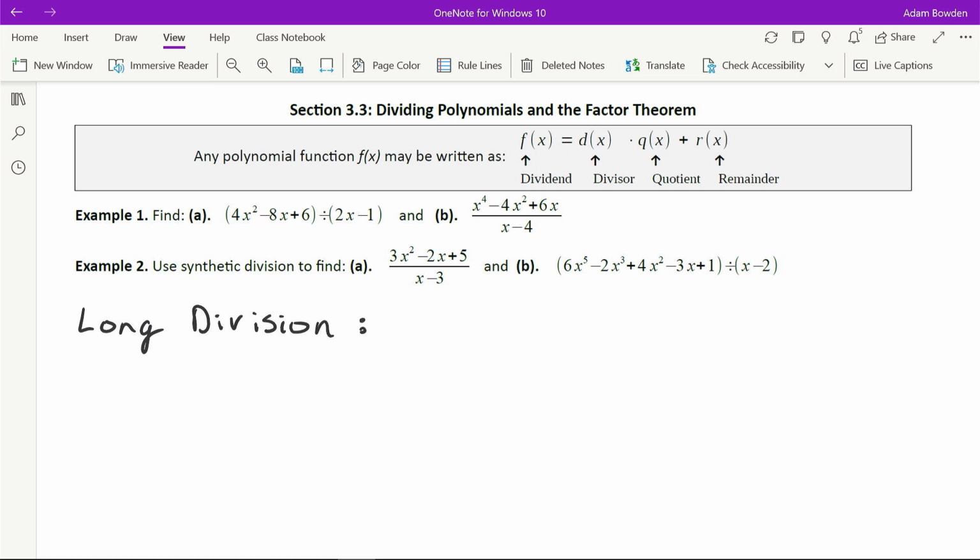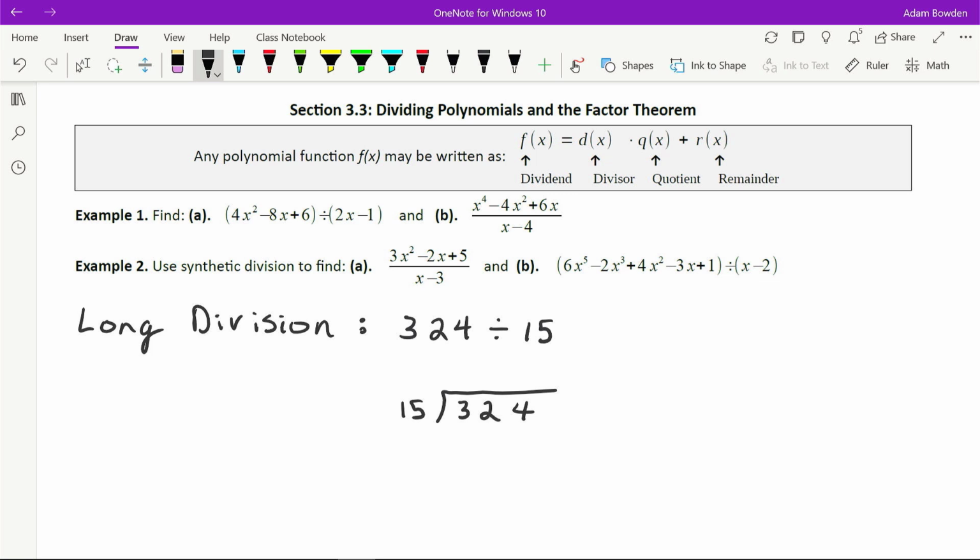Now, before we jump into long division with polynomials, let's consider, say, 324 divided by 15, just some numbers, and how we would do that with long division. We write 15 here, that's our divisor, into 324. And we ask, how many times does 15 divide into 32?